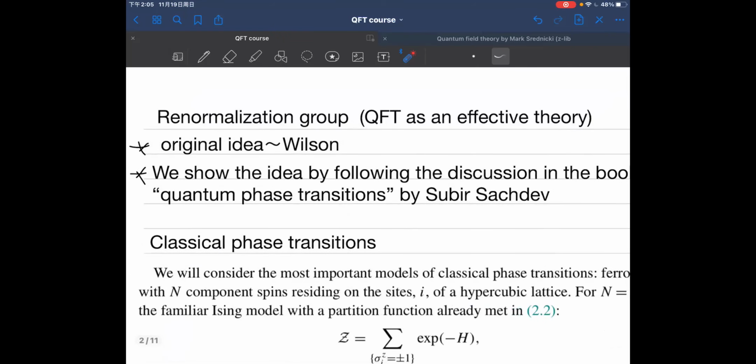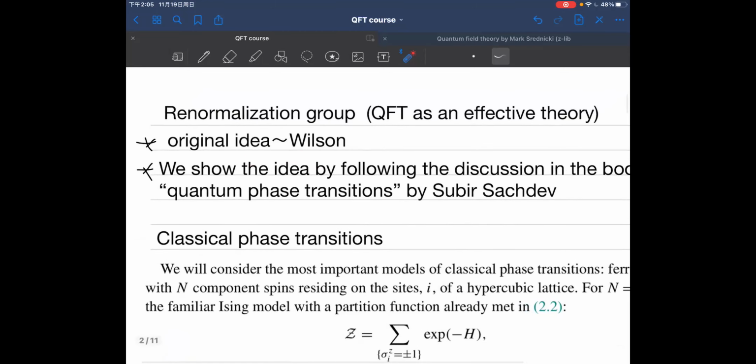It is also important for understanding non-perturbative effects in field theory.